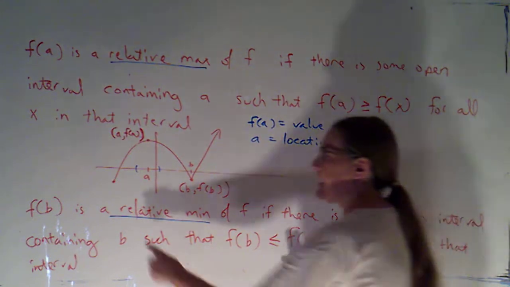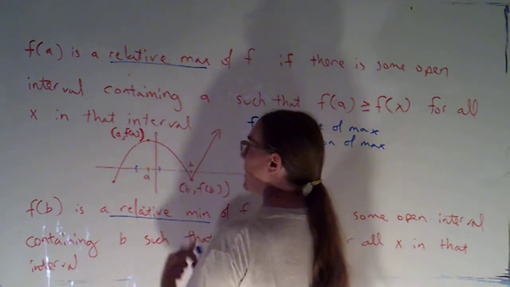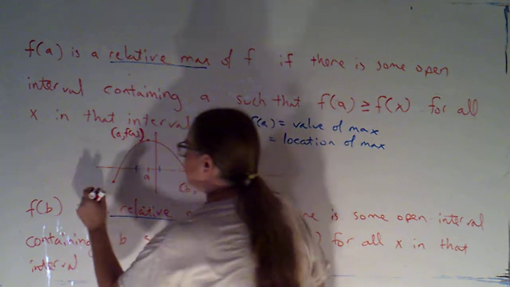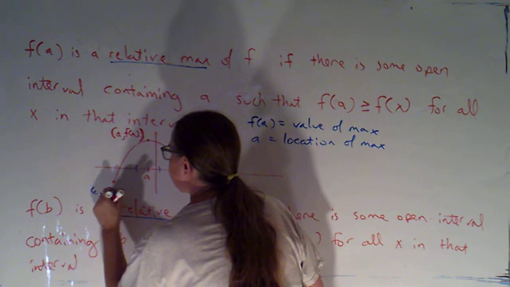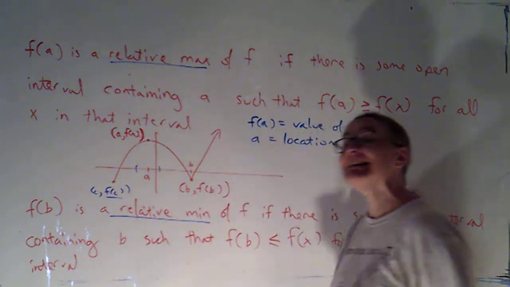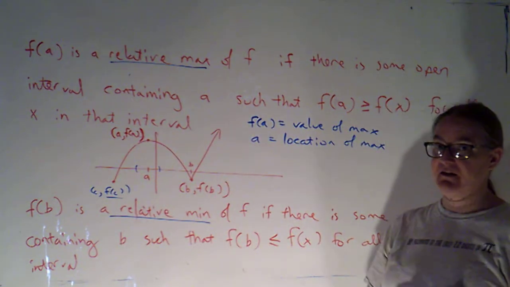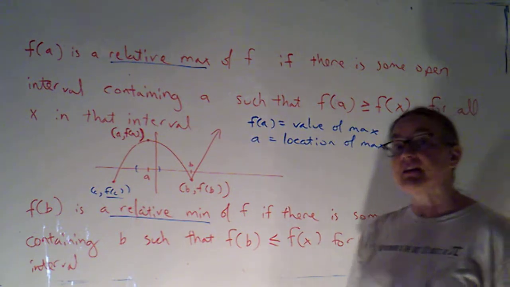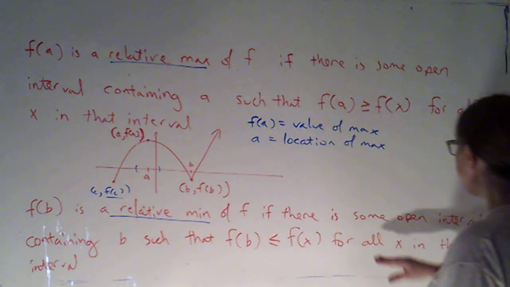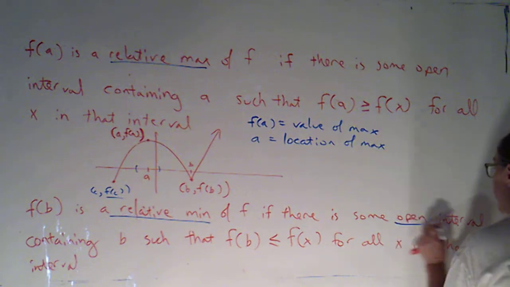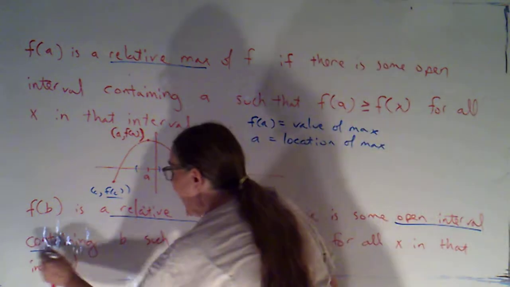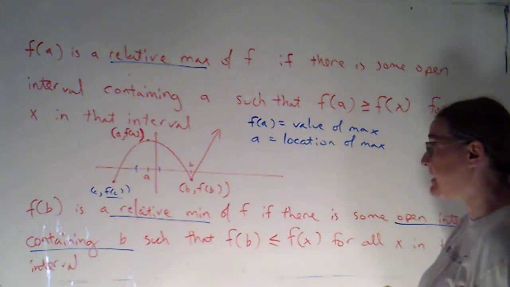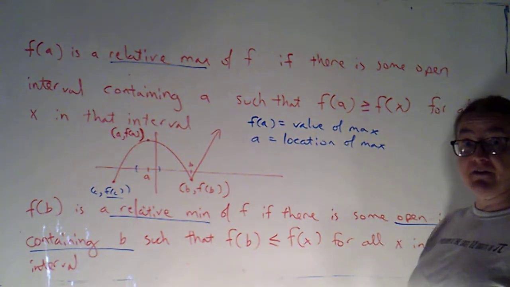I do want to point out this right here, that value, if I call that c, f of c is not a relative min because it does not meet this definition. The definition requires that there be some open interval containing the x value that I'm saying is the location of my min that's in the domain of my function.